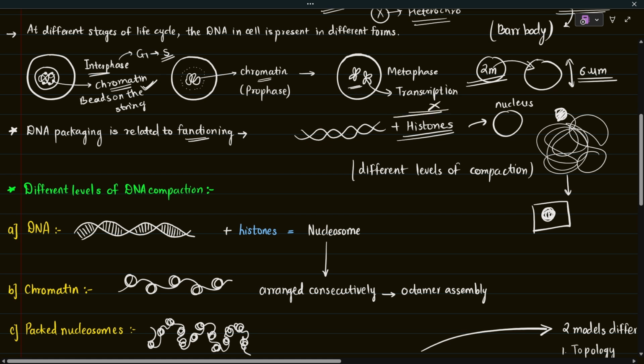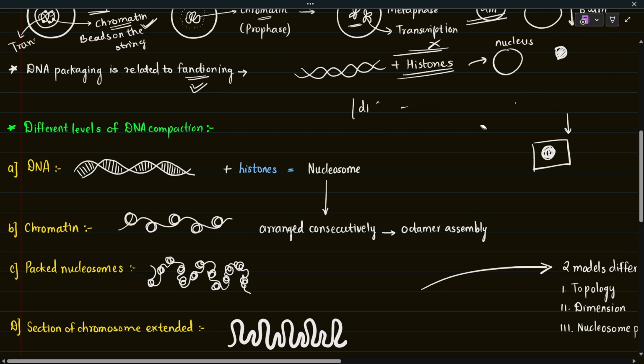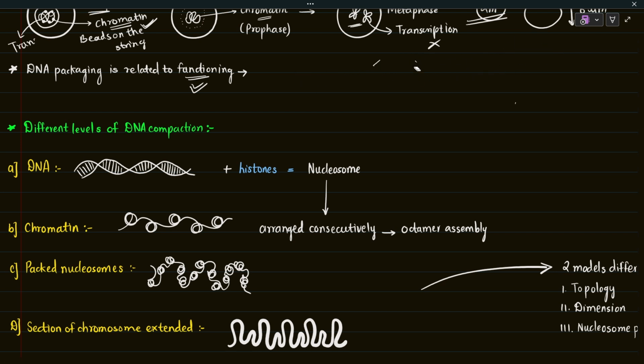But if it is loosely packed, transcription is possible, right? So this affects the functioning of DNA, and that is why different levels of compaction are required in the different cell stages. Okay, so now let's learn about the different levels of compaction in the DNA. Let's have a look at it in detail.